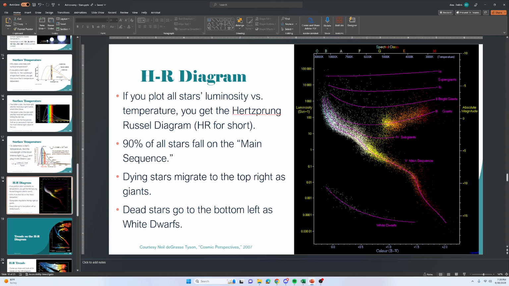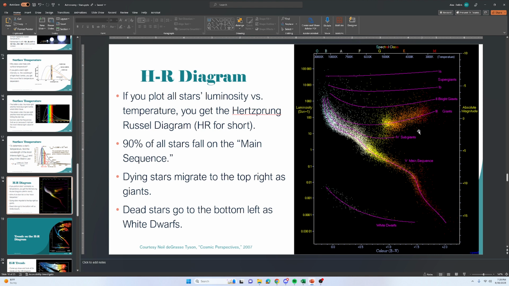And these locations actually also indicate the life patterns of the stars. And so the thing that you're going to want to look at is this Roman numeral right here. See, 5 are main sequence. Those are regular stars in the middle part of their lifetime.